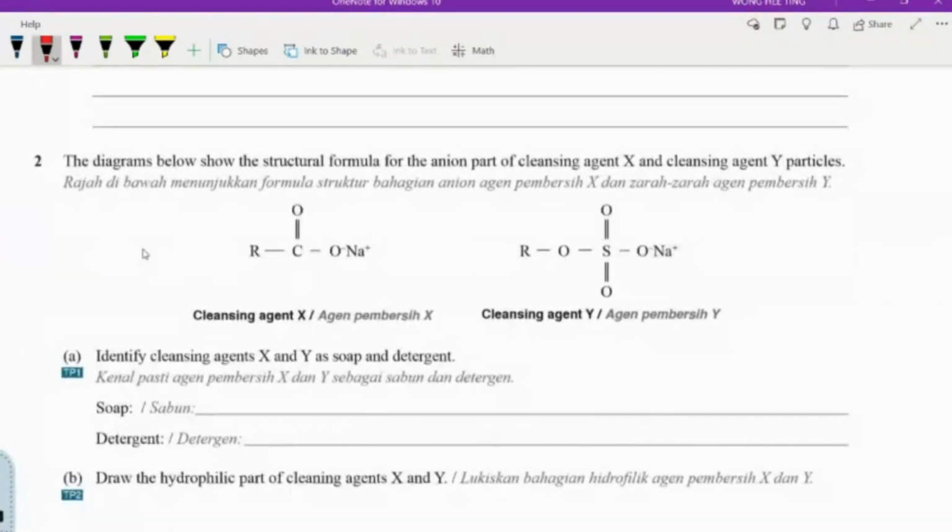Now question number 2. Identify the cleansing agents X and Y as the soap and detergent. So which one is soap? Which one is detergent?